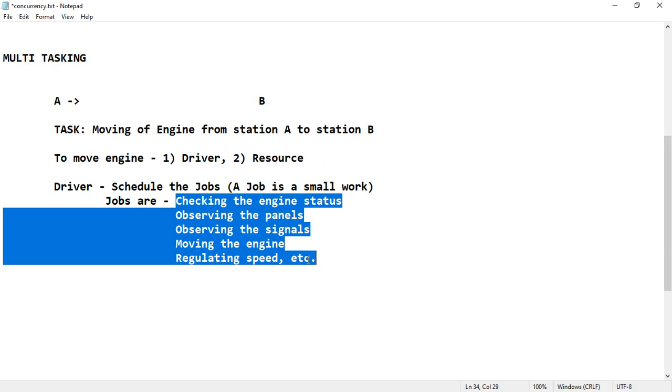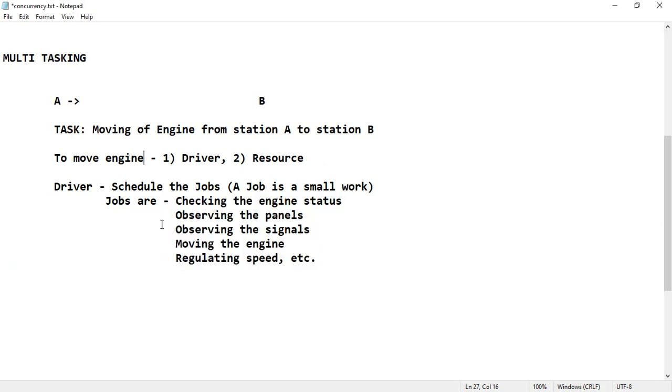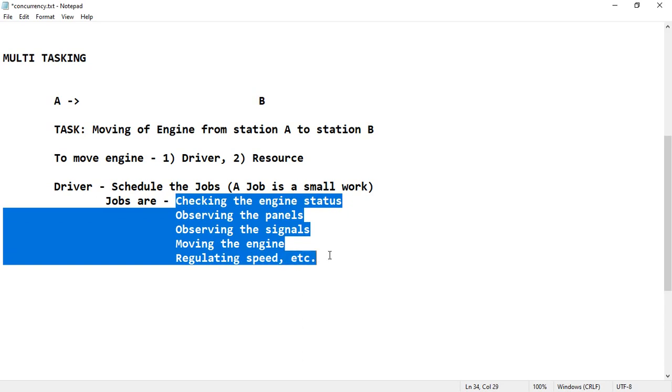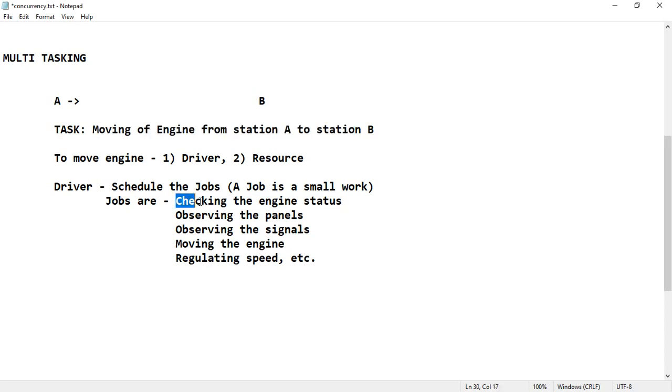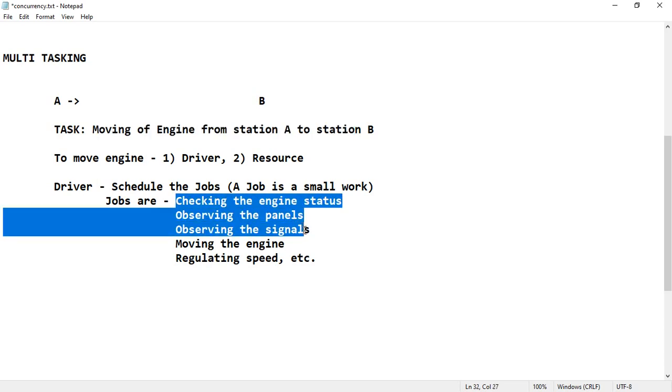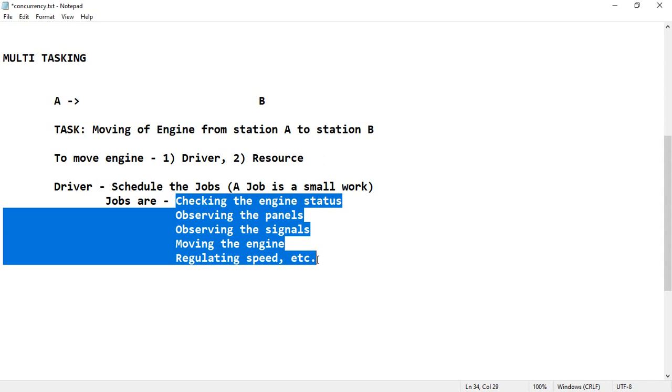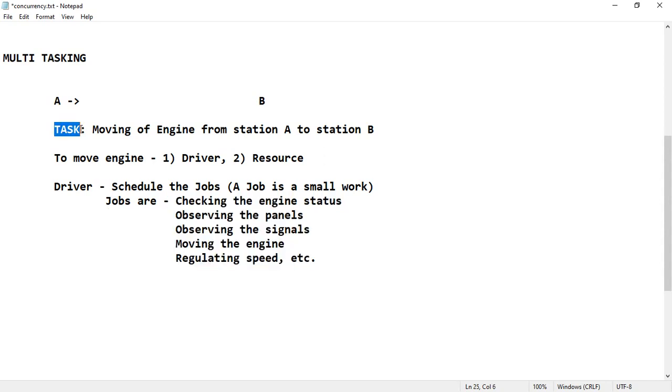However, the ultimate thing is to move the engine from station A to station B. And one thing: unless all these jobs are completed, the given task cannot be completed. That means the proper performance of these jobs will lead to the execution of the given task.